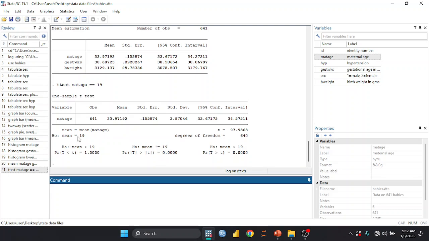So we reject the null hypothesis, which says that it is 19, and we accept the alternate hypothesis that it is not 19. Now the average maternal age is not 19.